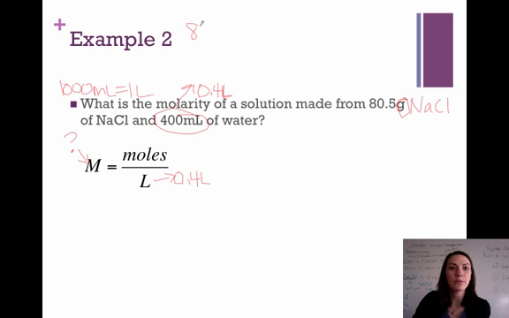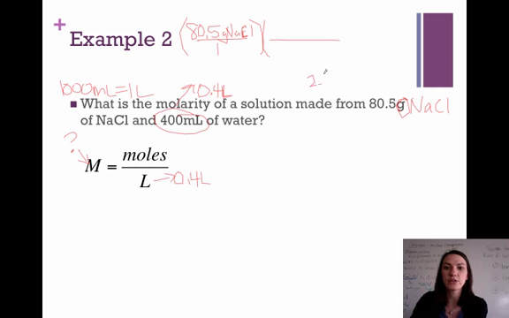So I've got 80.5 grams of NaCl over 1, and I'm going to use my molar mass, so I need to add that up first. Na is 22.99, Cl is 35.45, so add that up and you get 58.44 as your molar mass. Now I put that in the denominator: 58.44 grams per 1 mole of NaCl.